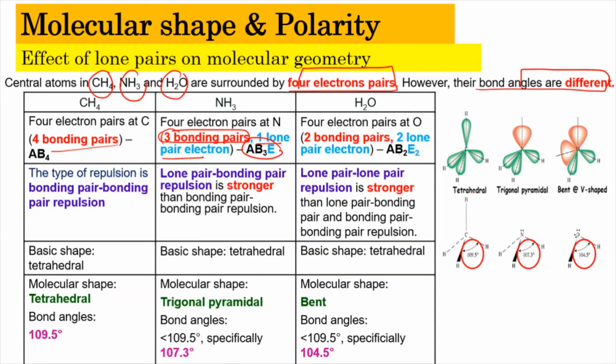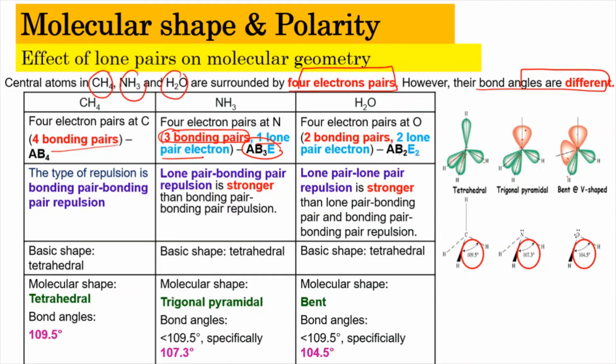So the shape of methane is going to look something like this. So 4 bonding pairs, CH4. But the shape of ammonia is going to be H, H, H, and then with 1 lone pair. And for the shape of water, it's going to look something like this, which is 2 bonding pairs and 2 lone pairs.